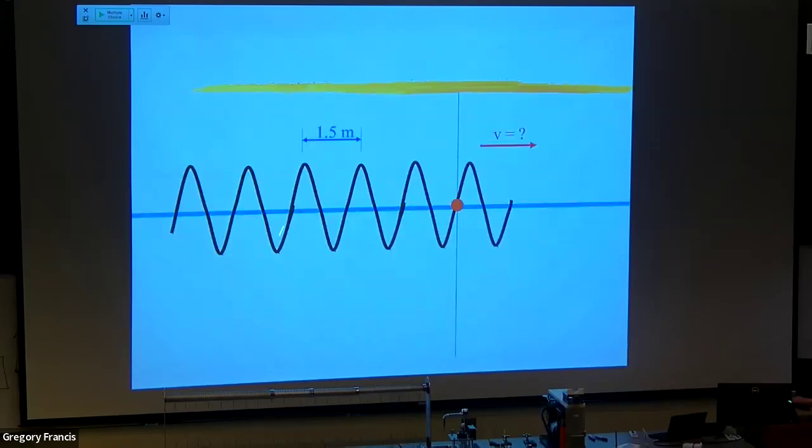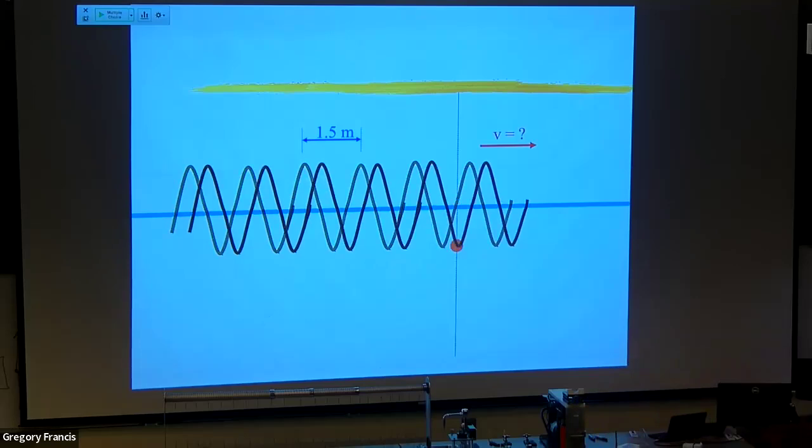This is the wave traveling to the right on this string. And I've painted one little piece of the string orange. And we're going to find out how much that orange dot moves as one of these waves go past. Well, let's let it move.